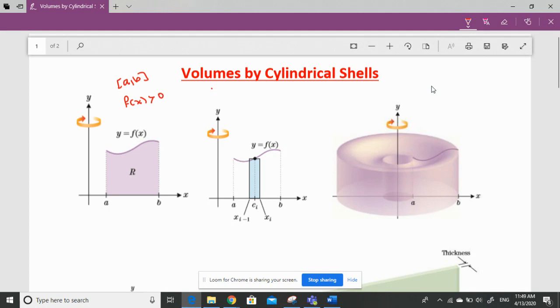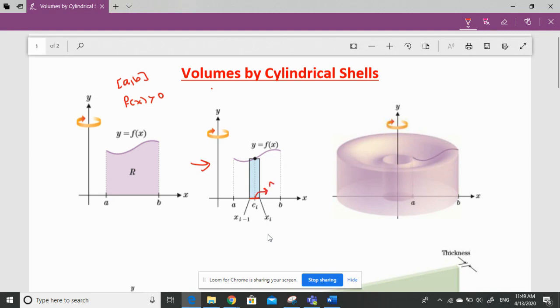In this region, I will take a rectangle, as I see here in this picture. This rectangle here with thickness delta x, which is xi minus xi minus 1. So this is the thickness, or the width, of this rectangle.